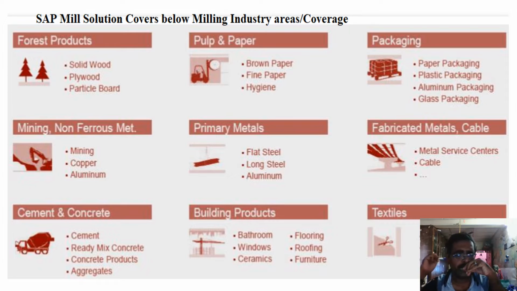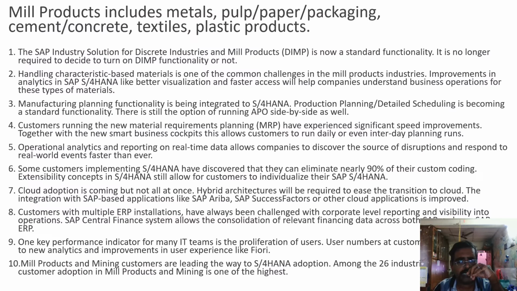And when coming to building products, we have bathrooms, tiles, flooring, windows, roofing, ceramics, manufacturing furniture, all these things. And coming to textile, we have yarn and fibers, fabric manufacturing, carpet and rugs. So these are the available industries which are subject to the mill industry solution coverage.